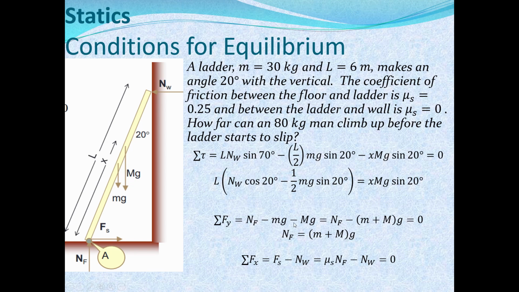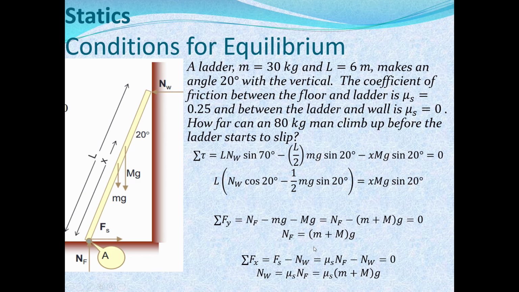It's mu Fn. So I can use the other sum of the forces to set the horizontal force from the friction equal to the horizontal force from the wall, and then use mu Fn with the force from the floor in for the frictional force. So I end up getting that the force from the wall is going to be mu times the combined weight of the man and ladder. That's combining these two equations together.